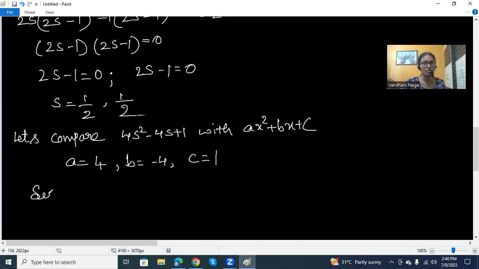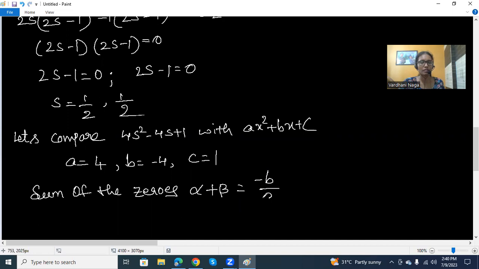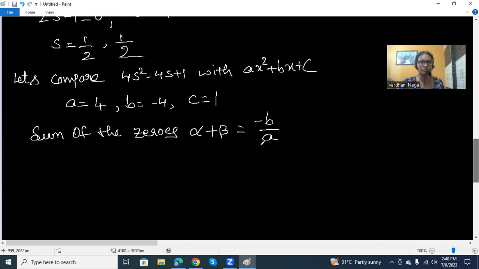Then the sum of the zeros is alpha plus beta. The alpha plus beta formula is minus b by a. Alpha value is half here, and beta value is also half.